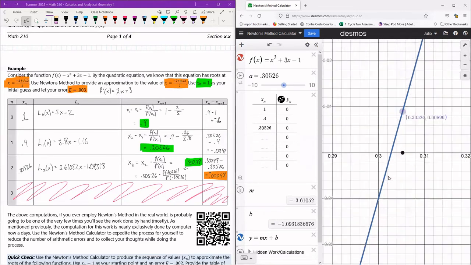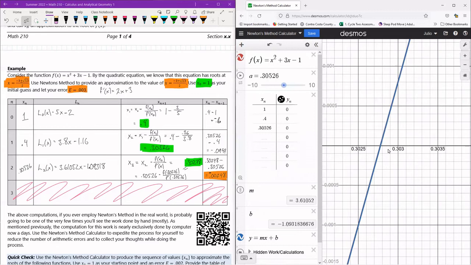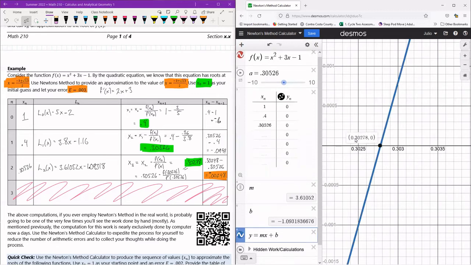I get to zoom in one more time, and look how far I'm zooming in now. 0.30278. Okay, and notice those are our 4 iterations that we did right here, right? That was our sequence of values, our green values, right?